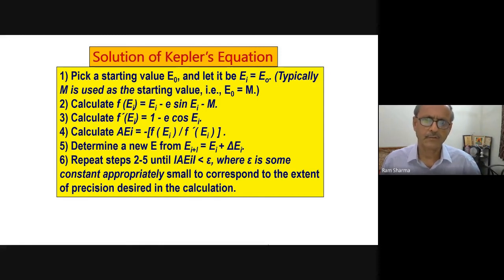Then you can set the kind of accuracy you need: you put some value epsilon, and you can easily get it. This method we have seen works very well. Even when I was doing my research, this equation was coming up in some places, so we used to use the Newton-Raphson method.